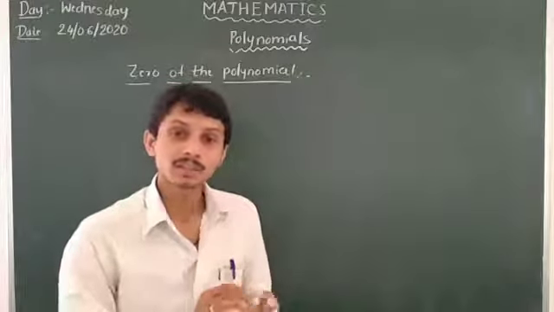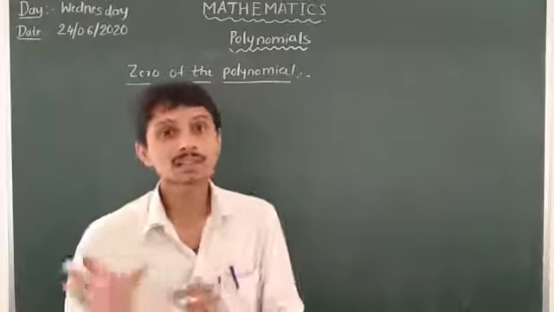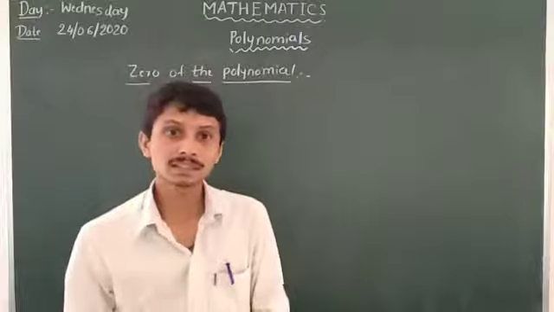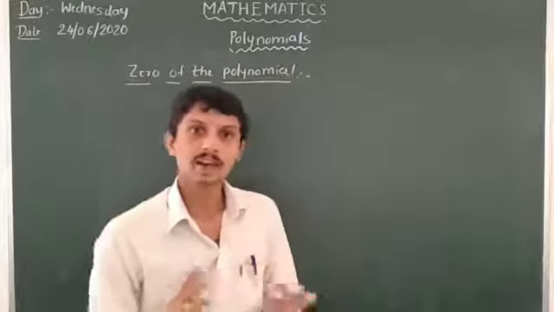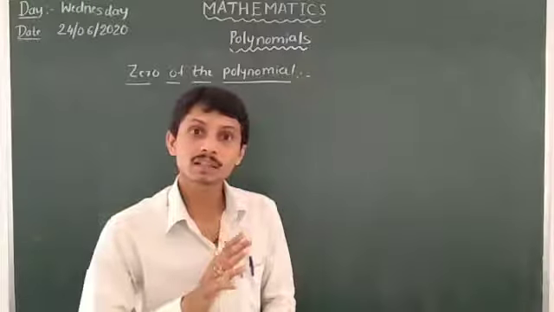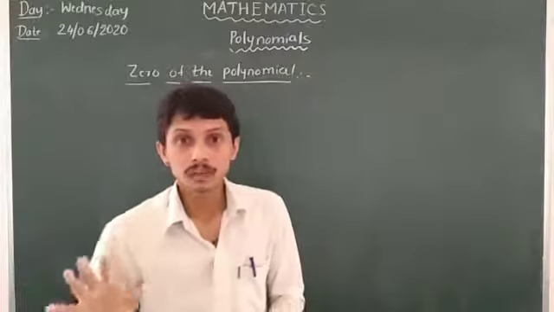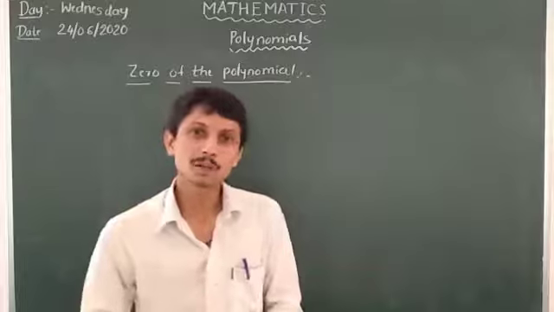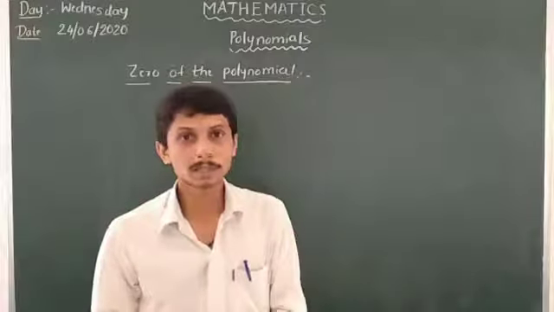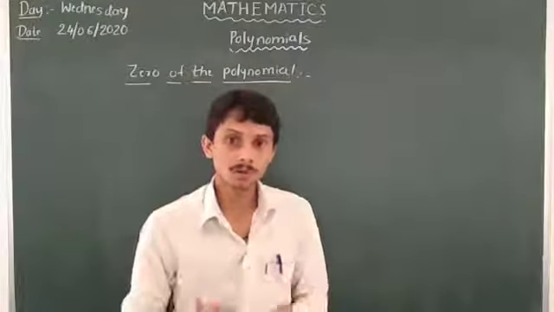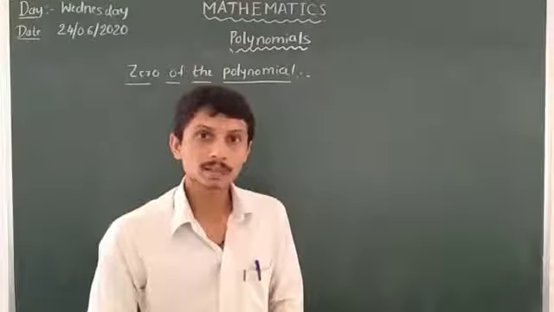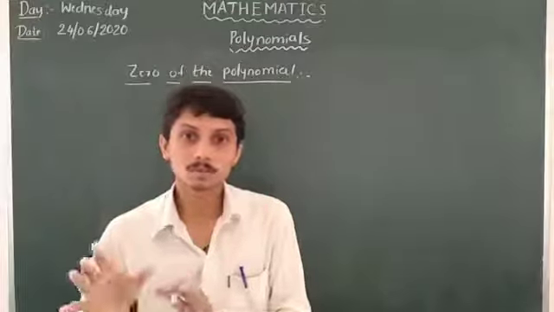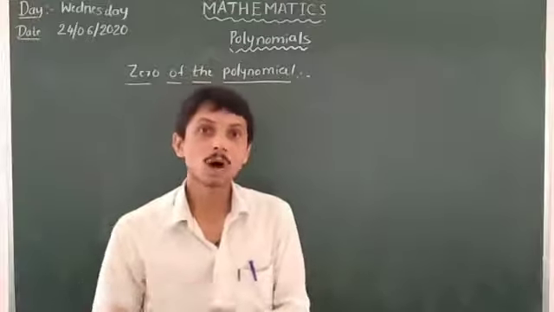This zero is where the y coordinate is 0. So zero of the polynomial is defined as the point where the whole algebraic expression, or the whole polynomial, is 0. That means zero of the polynomial can be defined as the value or a point where the polynomial is 0 on the whole.